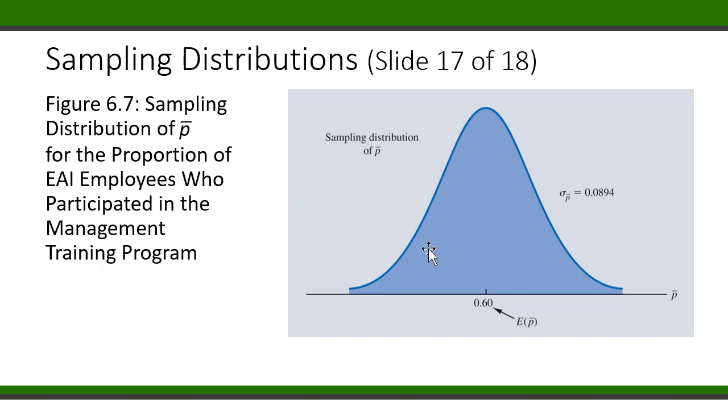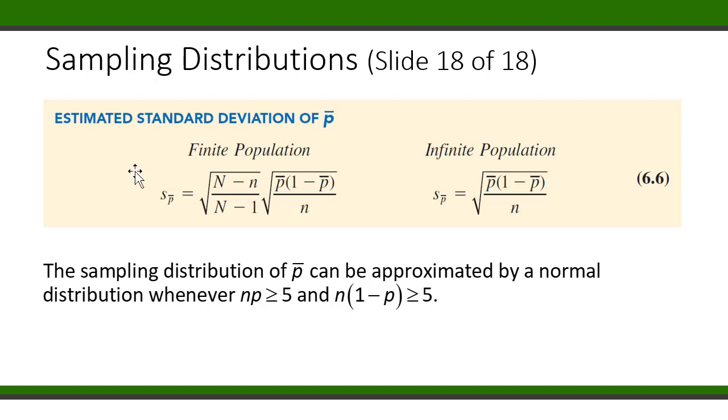So here's what that distribution looks like for that proportion. The expected value of p bar is 0.60, and the standard deviation is 0.0894.